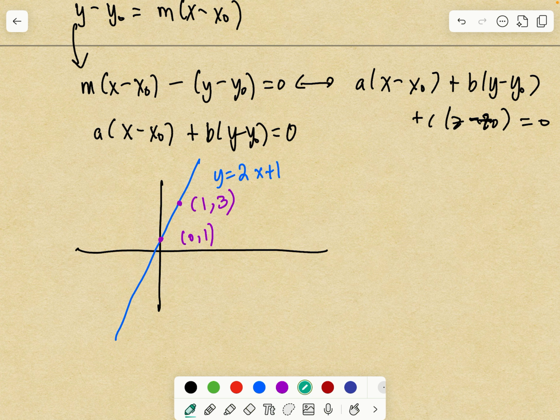This would be your p naught, and then this would be your p, and then the difference, p naught p, would be 1, 2. Right? So you would have this vector 1, 2.